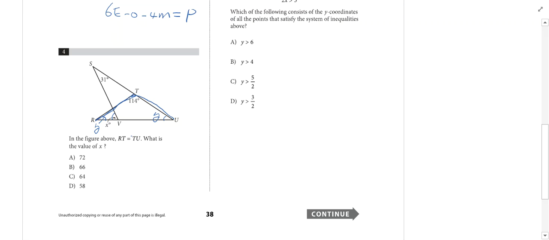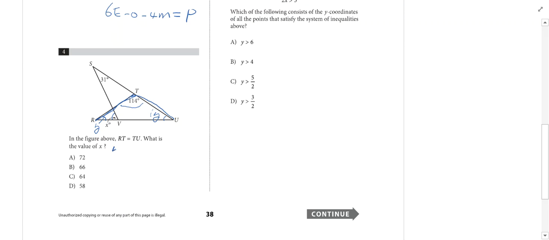So we know that, look at the triangle RTU right now. The 3 angles of a triangle add together should be how many degrees? So when you add this one, this one, and this one, it should be 180 degrees, right? So let me write it down first. The 3 angles of a triangle add together is 180.